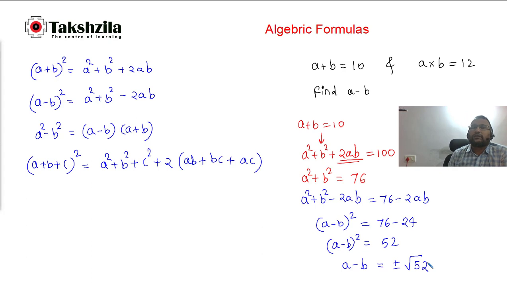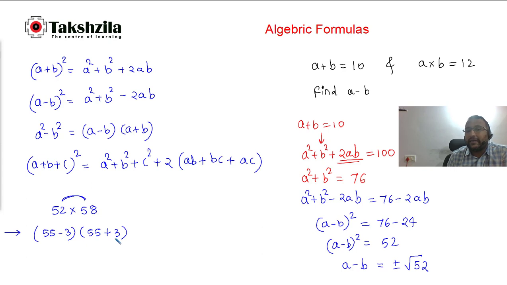One more application that I told you in the previous video as well. For example, let's say we want to multiply two numbers in which the difference is even. Let's say I want to multiply 52 into 58. The difference between these two numbers is even, which is 6. So the middle number is plus 3, that is 55. So we can write this as 55 minus 3 into 55 plus 3.